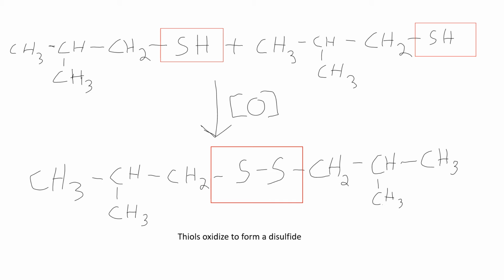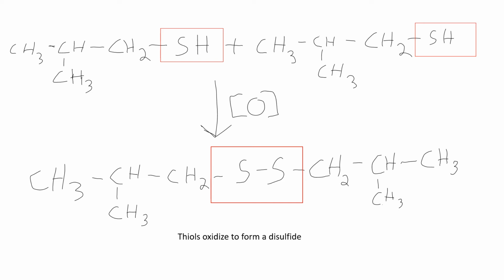So here we look at two thiols that we're going to oxidize. And again, the changes are going to happen at the functional group, boxed in red. So across the top, you see the two thiols. And then going down, I'm going to oxidize them together. So what are we looking for? Well, we're looking to form a new sulfur-sulfur bond.